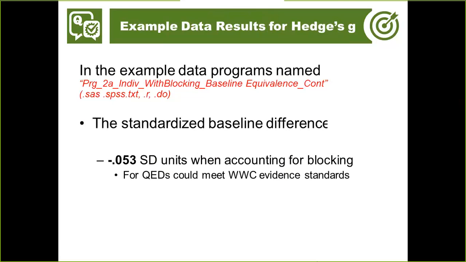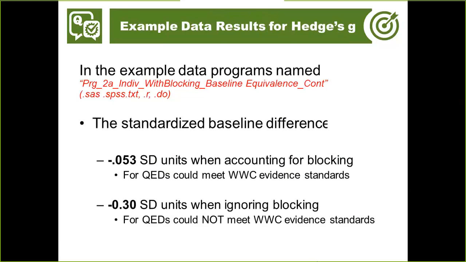These are from the model that accounted for blocking. In the models that ignore blocks, the baseline difference is 0.30 standard deviation units. If this is what you reported, the QED would not meet WWC evidence standards because it's bigger than their cutoff of 0.25 standard deviation units.